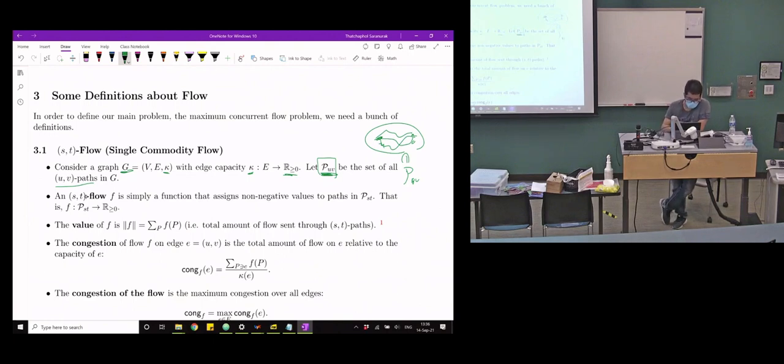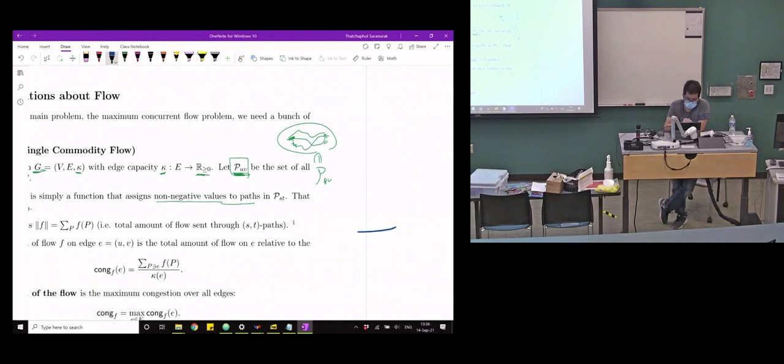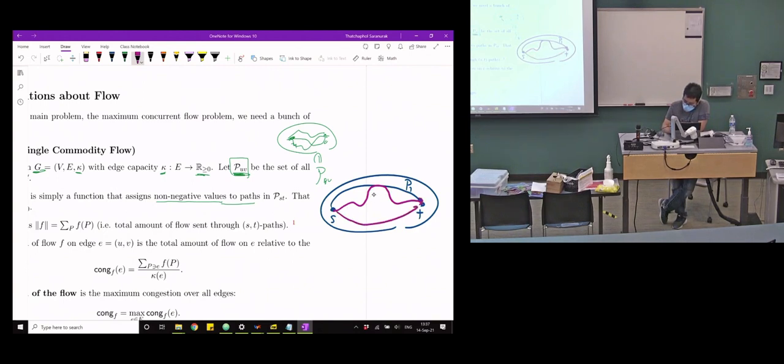All right. Now, what is an s-t flow? An s-t flow is basically just a function that assigns a non-negative value to each s-t path. So if you have this s and t, and then maybe you have the first path, P1, maybe there is a second path that might use the same edge, or a third one.